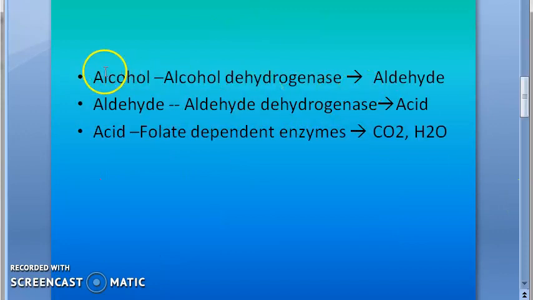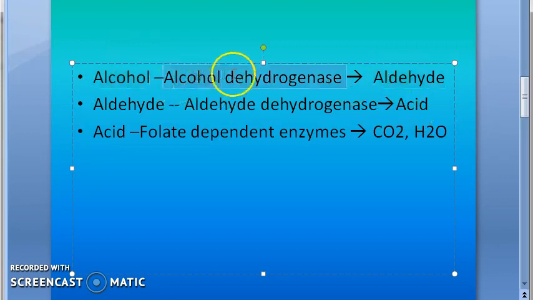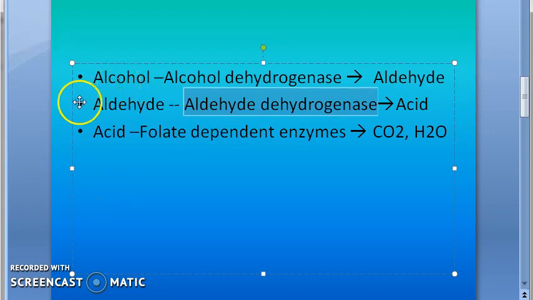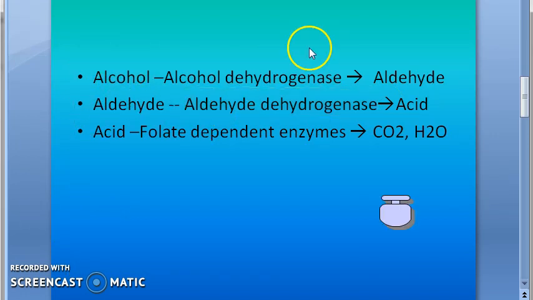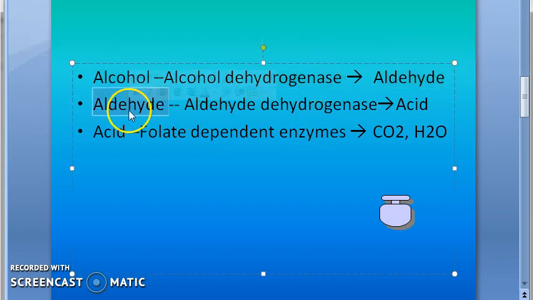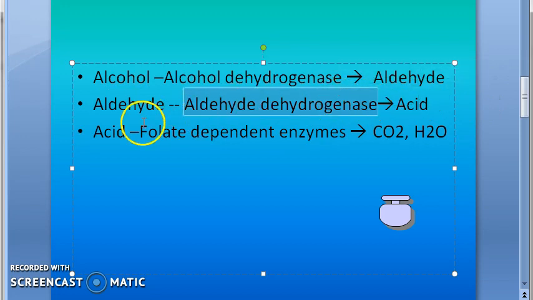Moving on, just explaining here what happens. Alcohol becomes aldehyde; the enzyme is alcohol dehydrogenase. Aldehyde becomes acid; this is aldehyde dehydrogenase. Easy, right? Pay attention. If you're sleeping, please wake up. So you got it right. Alcohol becomes aldehyde, alcohol dehydrogenase. Aldehyde becomes acid, aldehyde dehydrogenase.